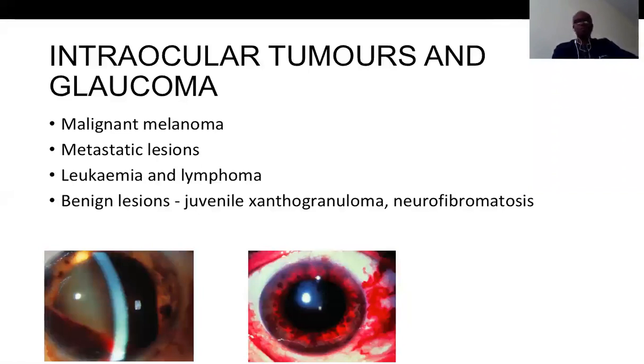The second picture to the right of your screen is a case of uveal melanoma who also has glaucoma. For this case, please note the sentinel vessels on the sclera, which give out that diagnosis. Other tumors may include metastasis from other sites, leukemia, lymphomas, and other benign lesions may also be responsible.